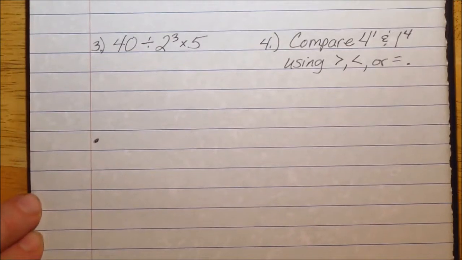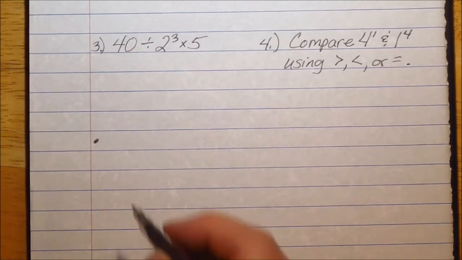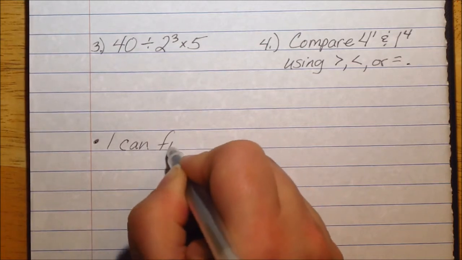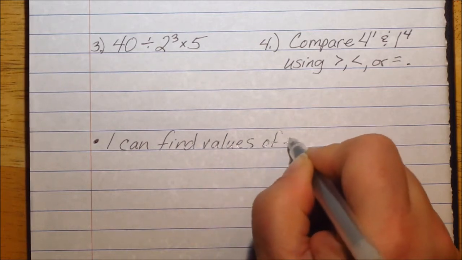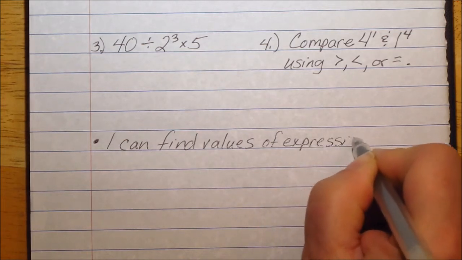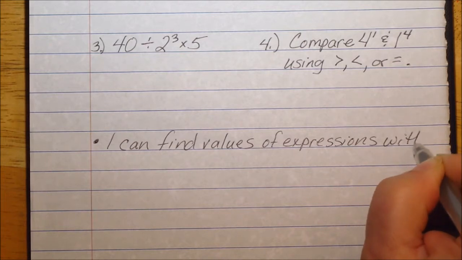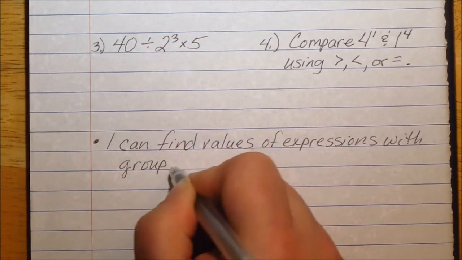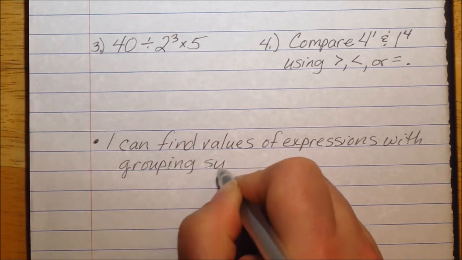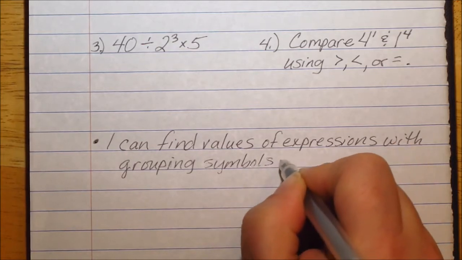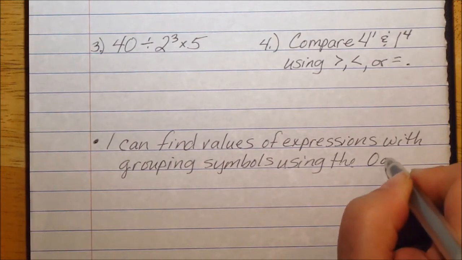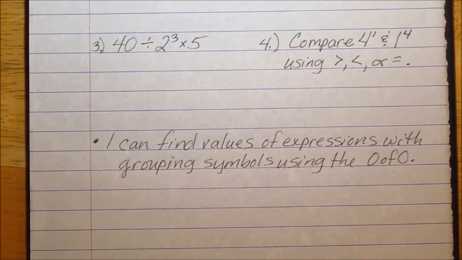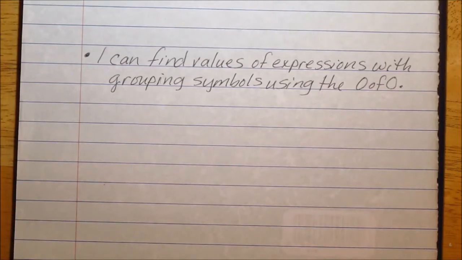So what we are after in this lesson is: I can find values of expressions with grouping symbols using the order of operations, O of O. I can find values of expressions with grouping symbols using the order of operations.